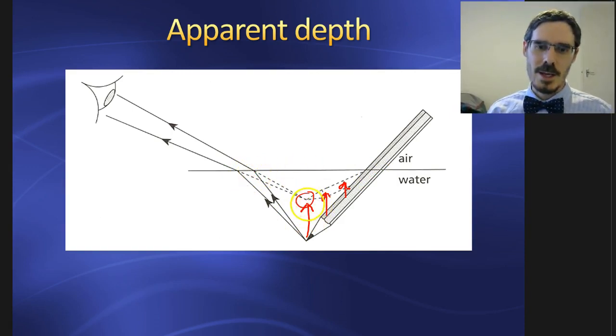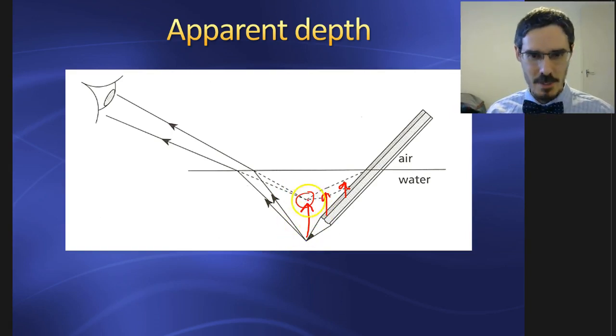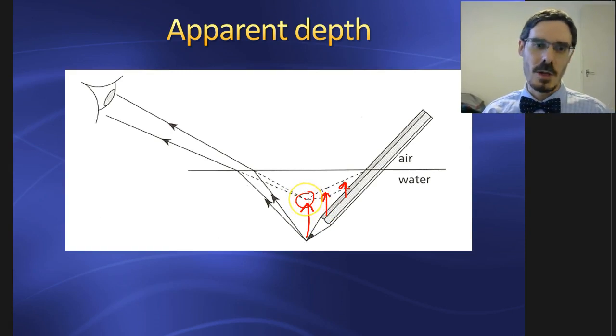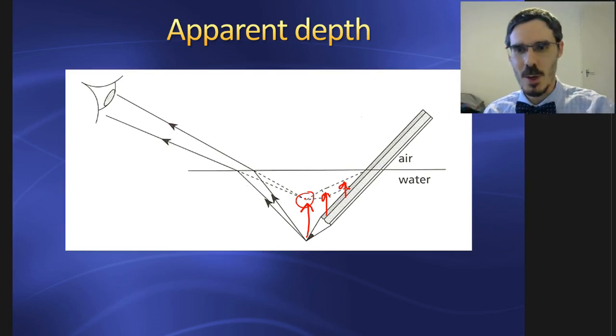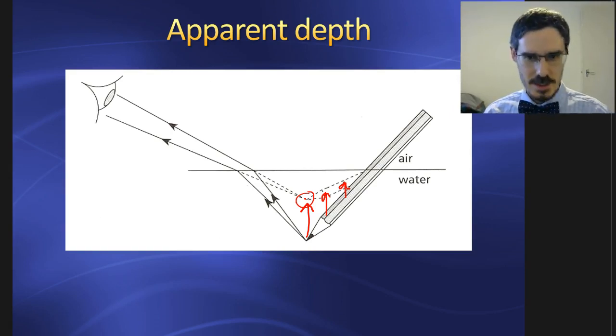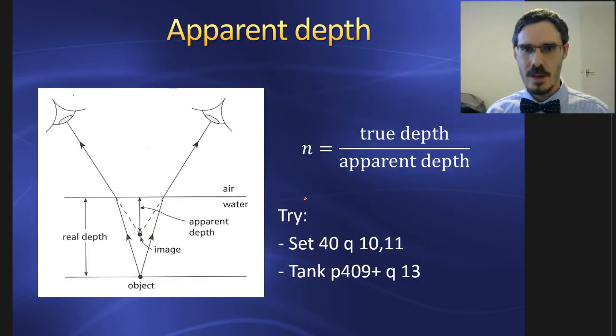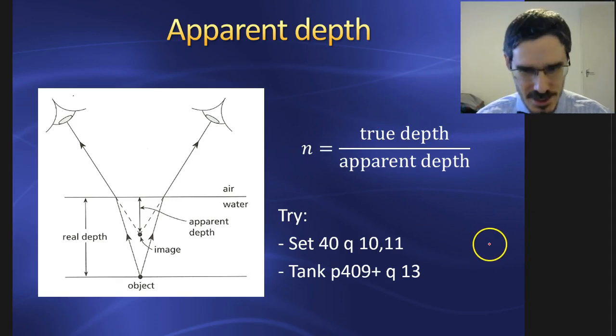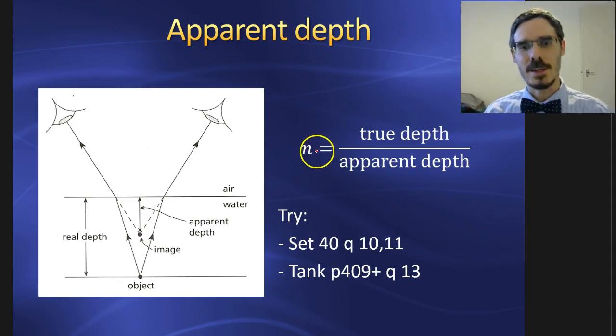It turns out we can actually describe the change in this depth, the apparent depth of the tip of the pencil, or the apparent depth of a ball or something at the bottom of a pool, using some maths. This is the apparent depth formula. Actually, that's a simplification.